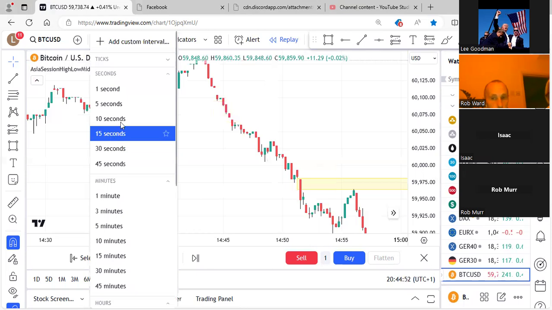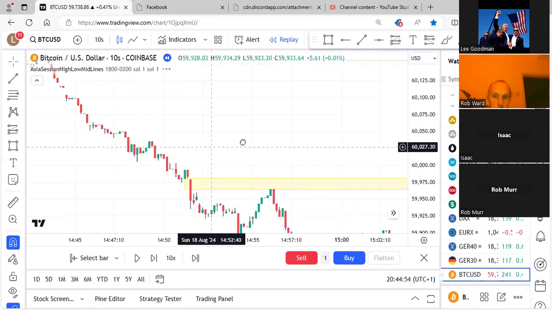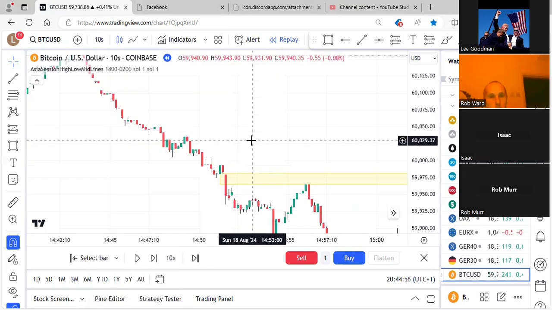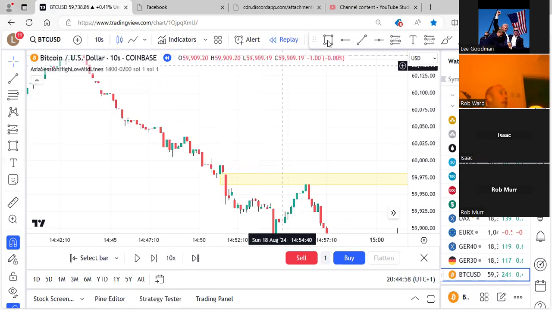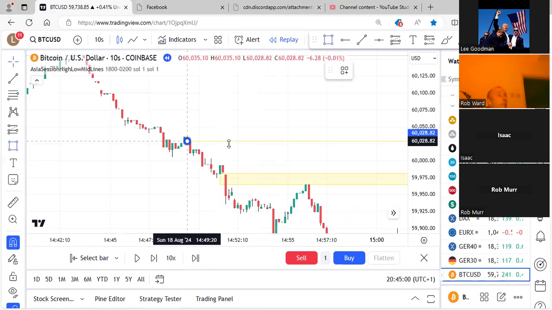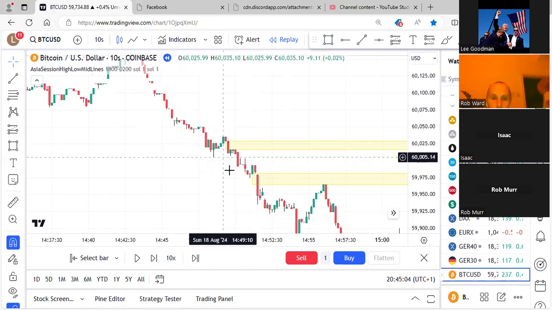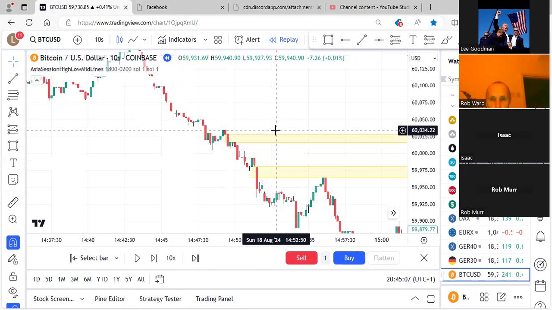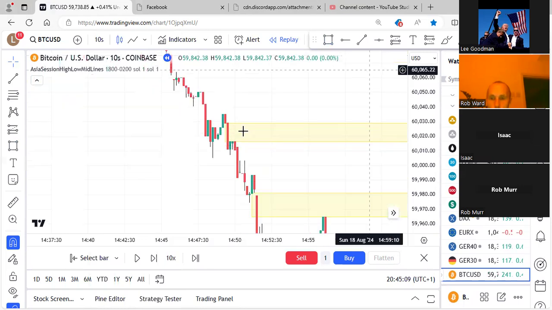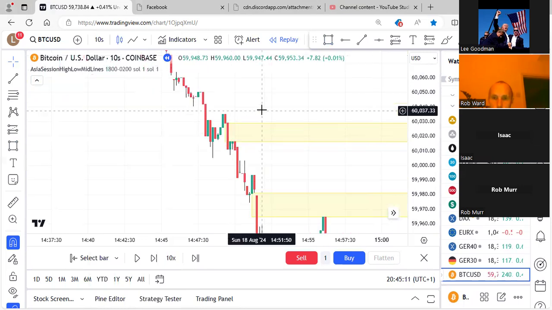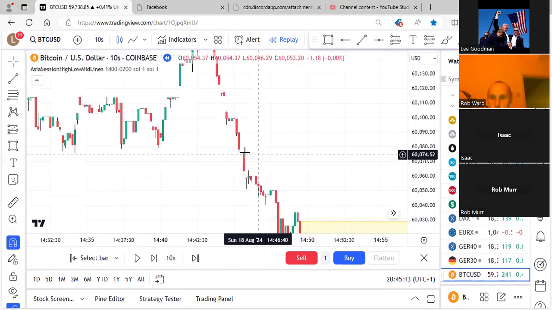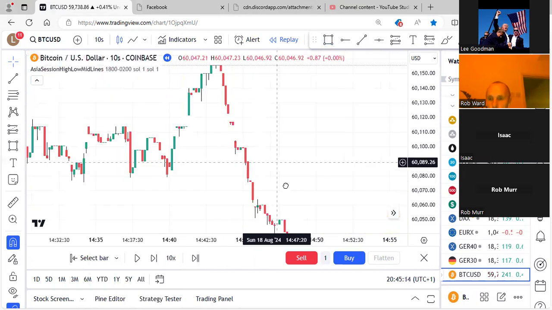I'll drop down to a 10, see if it makes it any better. So maybe this, not really big enough. It's possibly imbalanced, but I don't feel it's big enough for me to worry about. All these candles are a bit crappy on the 10.